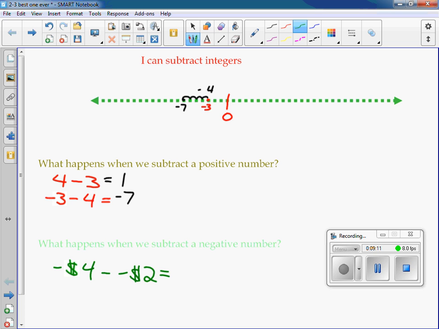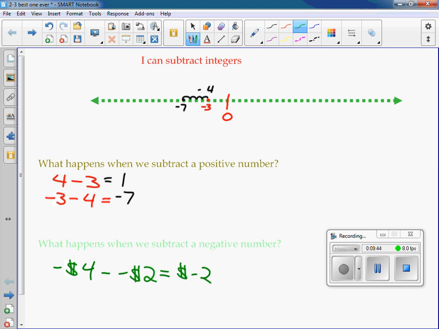Okay? So you don't have to pay 2 of the dollars that you owe me. How much do you owe them then? 2. Okay? Do you see how instead of just subtracting a positive, if we did that, we'd owe 6. But subtracting a negative, we actually owe negative 2. Or I should have put the negative first. Does that make sense? So we are moving to the right. That's what subtracting negatives do.